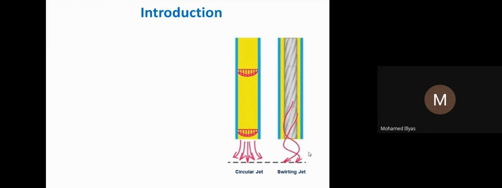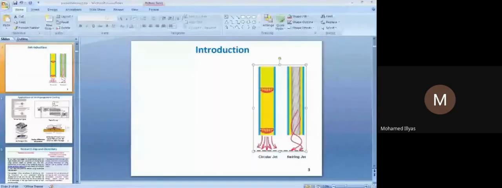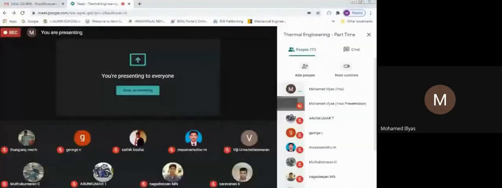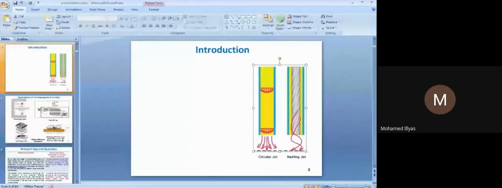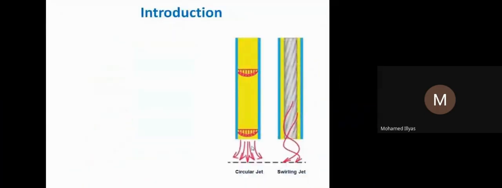So what is the advantage of this? The swirling jet is more advantageous than a circular jet. How? For example, if I am cooling a hot plate and sending cold air, since it is coming straight, it can cool only at one spot. But if I cool the same plate with a swirling jet, instead of coming straight, the jet will be spread. The spread area will be more than in the case of a circular jet.